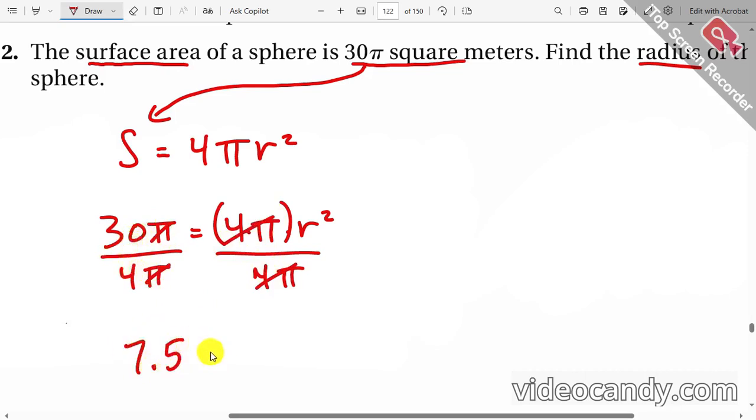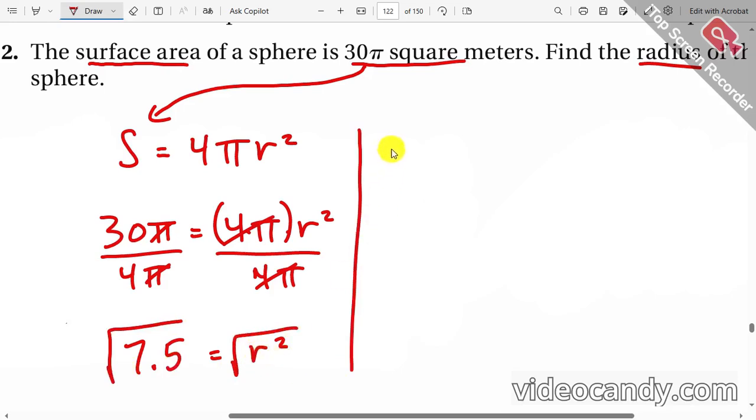All right, the opposite of squaring something is to take the square root. So we'll just do the square root of both sides. Square root of r squared is just r. Square root of 7.5 is going to be, rounding off, 2.74.